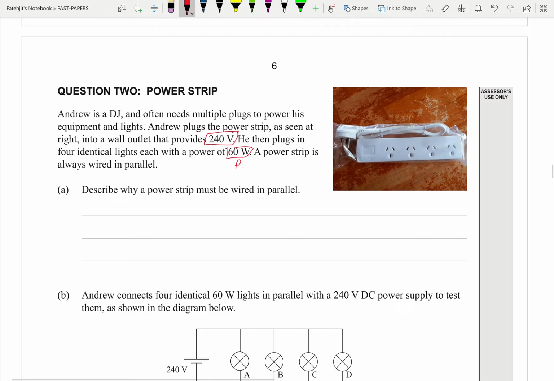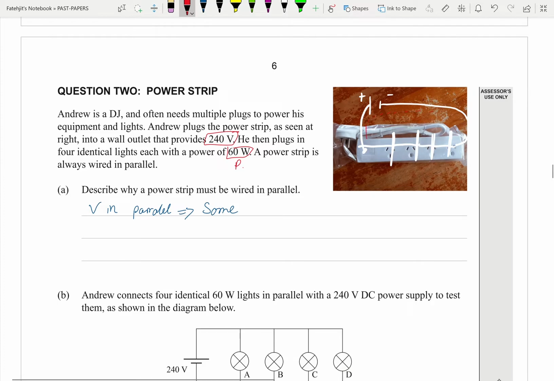Cool. So describe why the power strip must be wired in parallel. The main thing you need to know is that voltage in parallel is the same. So if I wire this up, and here is the battery, positive, negative, that's 1, 2, 3, and 4.